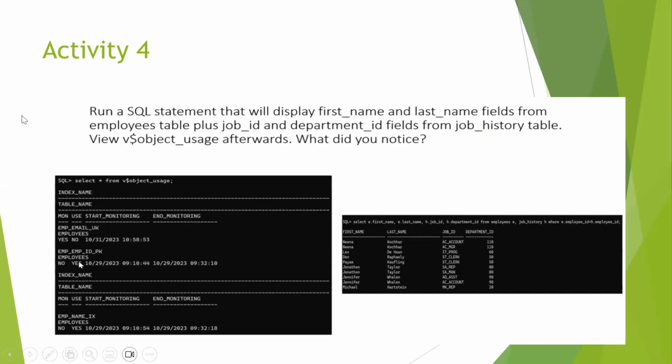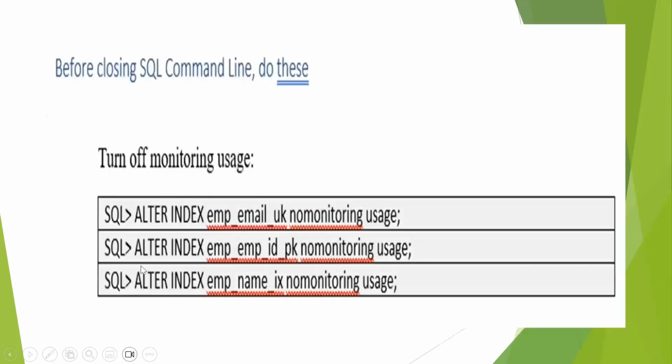So it says the same thing. It shows the index name, the table name, the usages, the start date. Monitoring is yes, for this index the monitoring is turned on. For this index, the monitoring is turned off, and the different information about the start monitoring and the end monitoring.